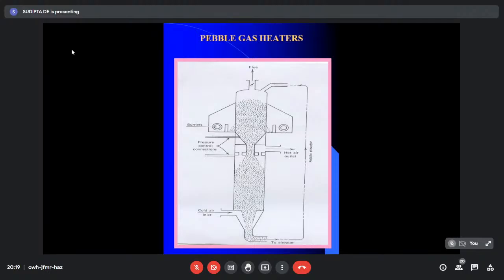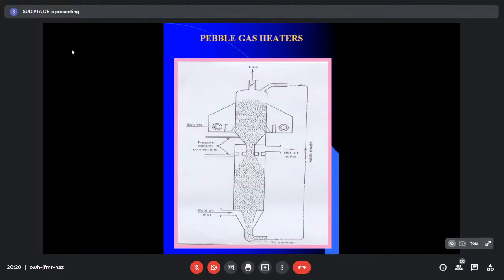Okay, the higher the particle density of pebbles, the better is the contact of the air passing through them, and also the more is the duration of the air within the pebbles. Full stop.